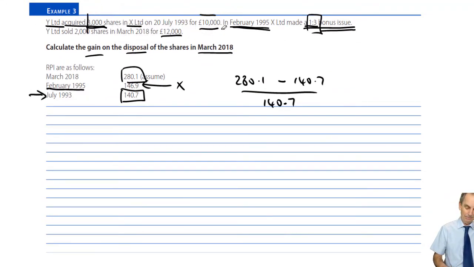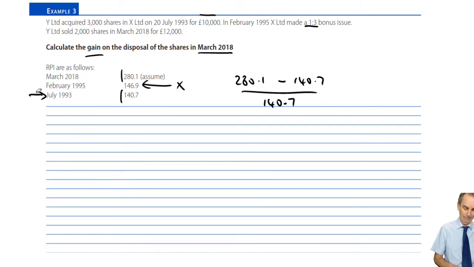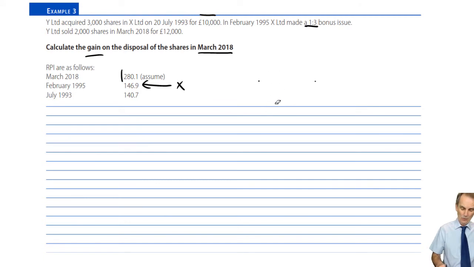Let's just use this as a model. What we'll now assume is that the issue that we had, rather than a 1 for 3 bonus issue, was now a rights issue.